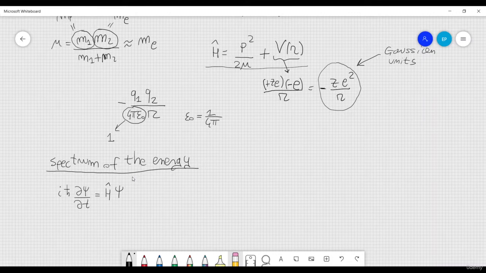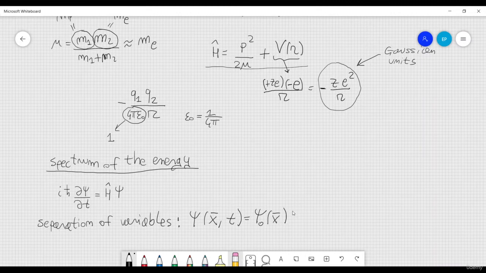And we will start the derivation by using the method of separation of variables, where we have to assume that the function psi, which depends on the position x, in this case the position of the electron, and t, is equal to some function psi 0, which depends only on the position x, multiplied by a function f of t, which depends only on time. So this is how we want to separate variables.